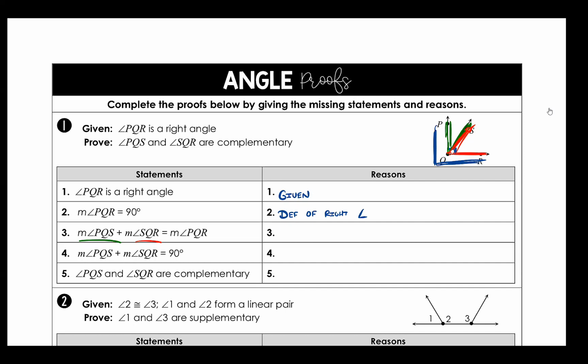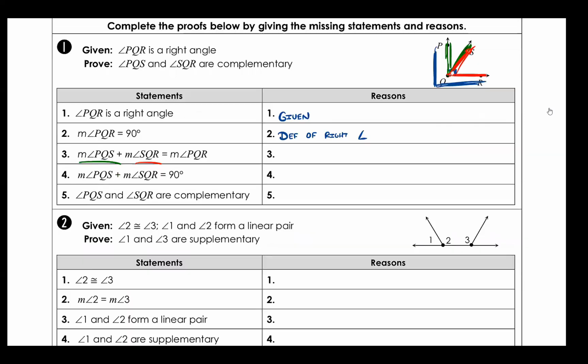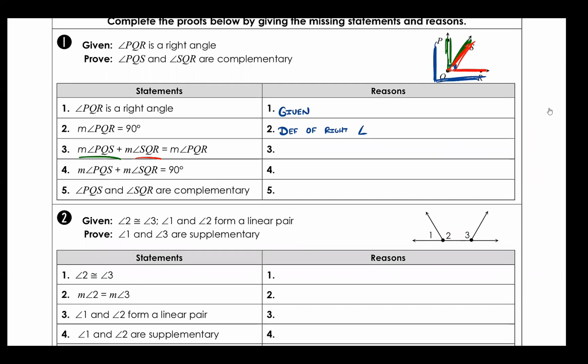What do we call it when two smaller angles create a larger angle? Not yet. Angle addition postulate. That would be perfect.